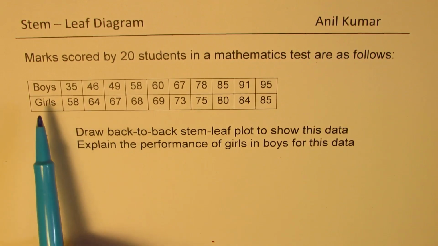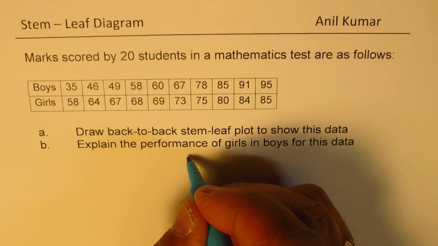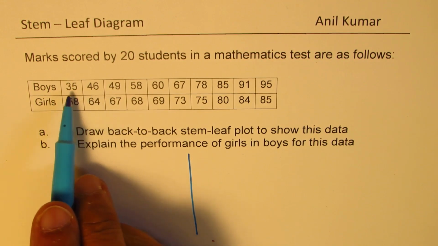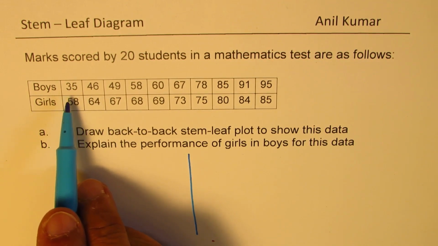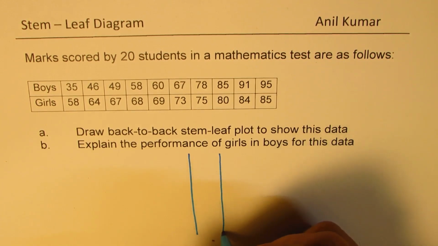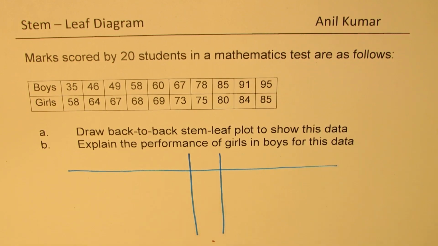Now in this, we can have stem in between, right? So what we normally have here is stem in between. So since it is 35, 46, the 3 becomes a part of the stem, right? And on the other side, we can have the leaf. So the structure is kind of like this.